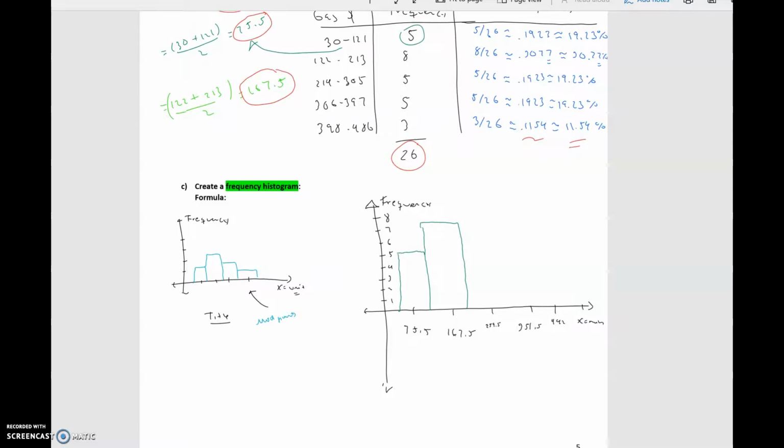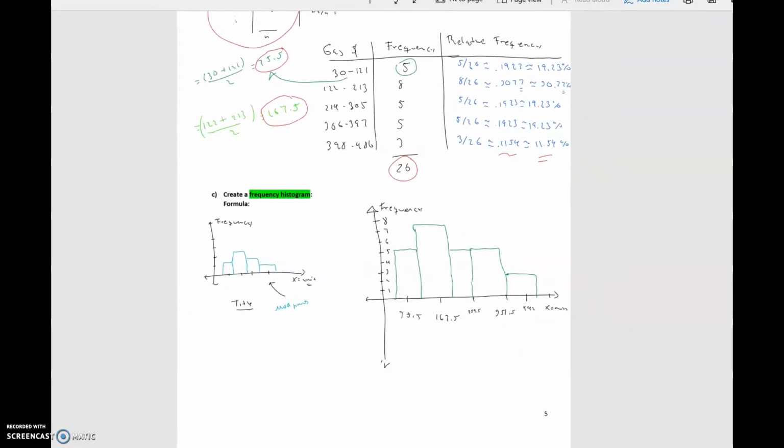Then we're going to have two 5s, so that will cover it up to here. All of these are supposed to be connected. And then the last one is going to go to 3, so that would be up to approximately there. And this is our bar graph, which is a frequency histogram.